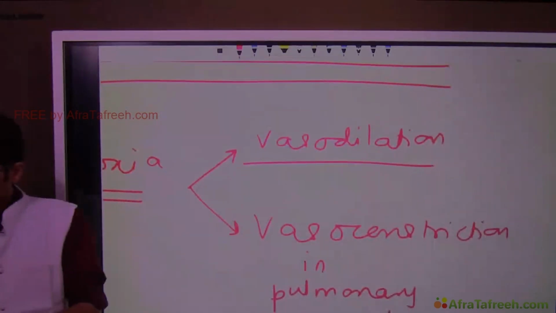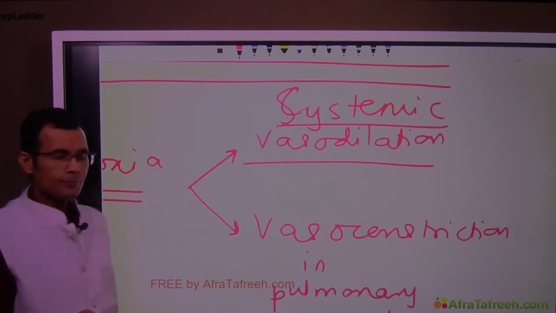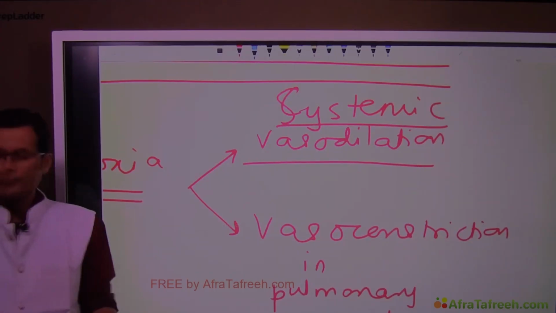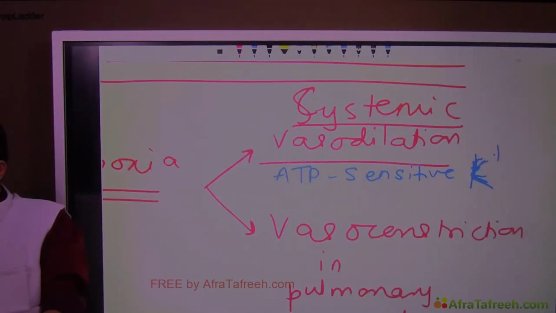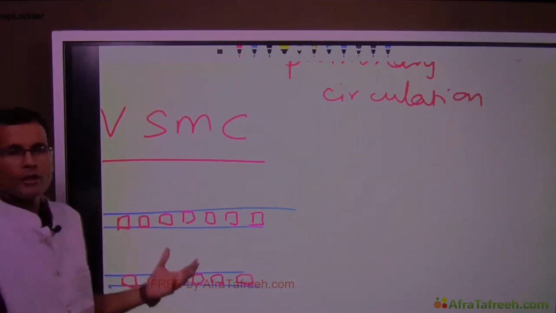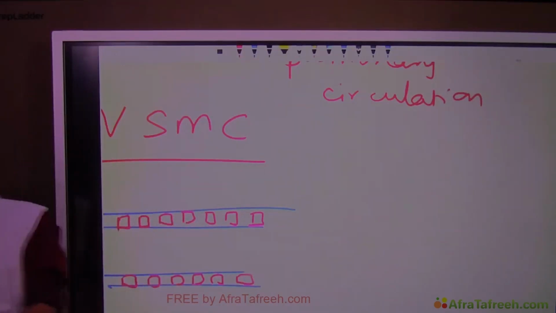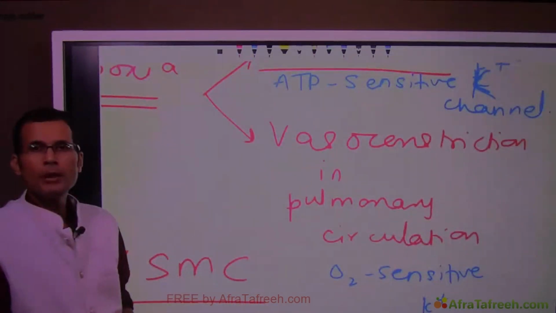In the case of systemic blood vessels, where hypoxia leads to vasodilation, the vascular smooth muscle cell consists of a channel called ATP sensitive potassium channel. And in the pulmonary circulation, in the lungs, that VSMC's membrane contains O2 sensitive potassium channel, which leads to vasoconstriction in the pulmonary circulation.